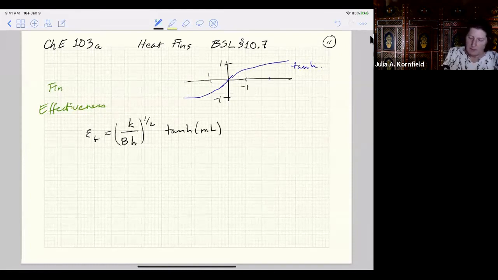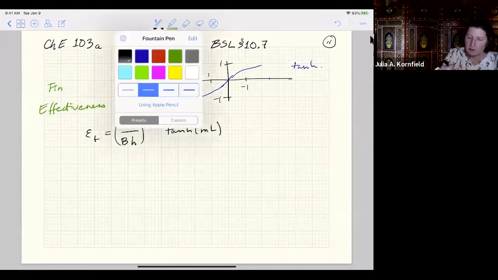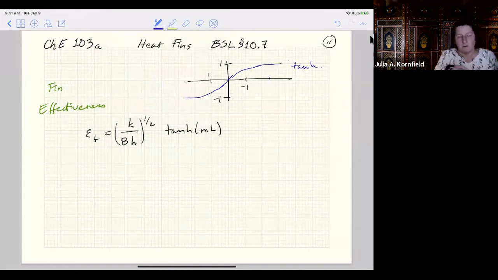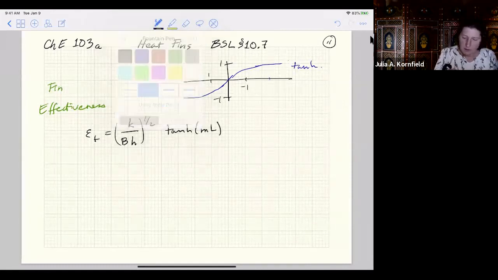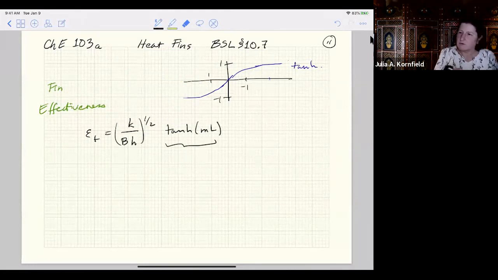And no matter what I do here, I can never make tanh bigger than 1. It just asymptotically approaches 1. Make sure my drawing is okay there. Okay, so you're asymptotically approaching 1. So this can never give me an effectiveness that's, say, 10.